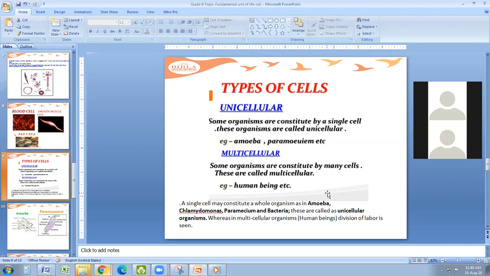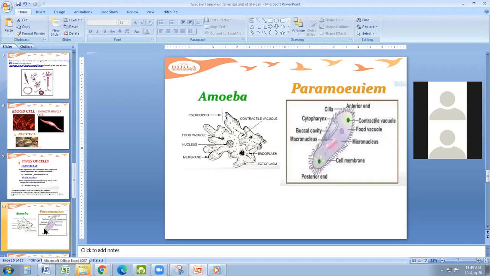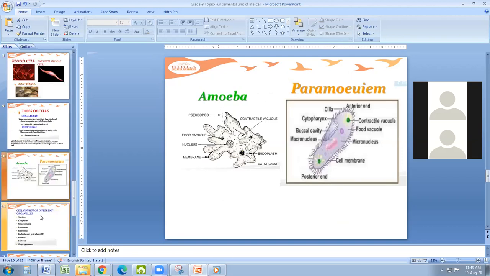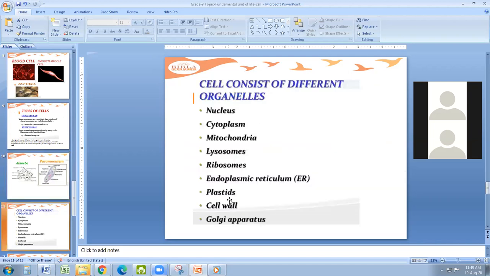Okay, children. So here I think it's clear about the unicellular and multicellular. If you see, inside a single tiny cell, there are so many organelles present. We are going out of time now. Time is very less, only 2 minutes left. So we are going to discuss the organelles.